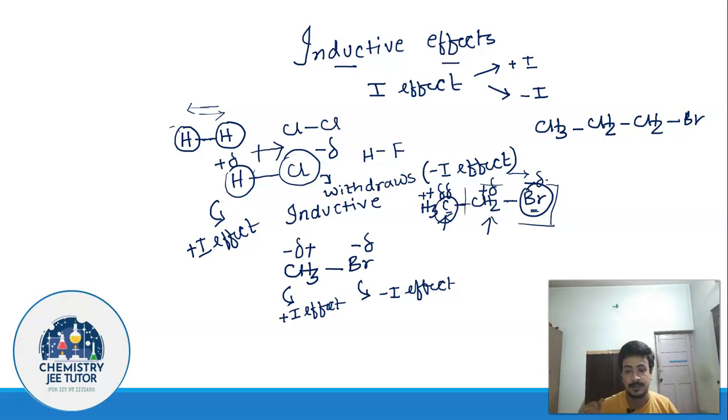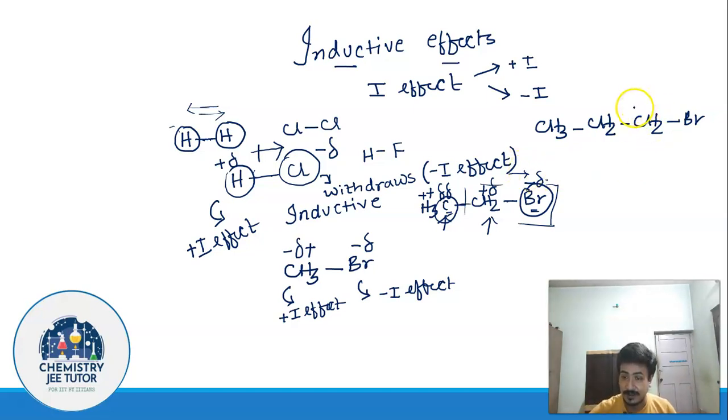That's what happens here. The carbon which is adjacent to the electronegative bromine is going to acquire the most positive charge, and once you go away from that carbon, the magnitude of positive charge is going to decrease.